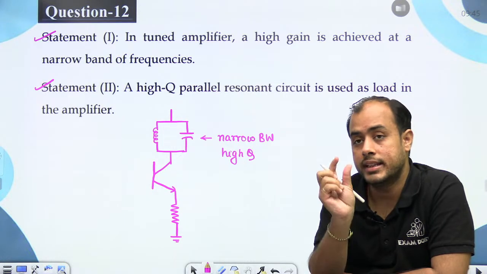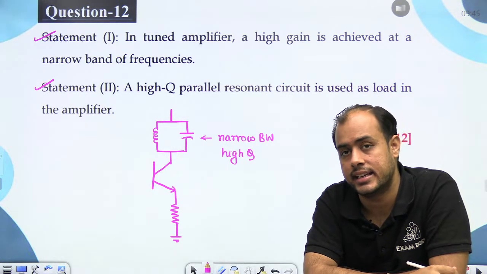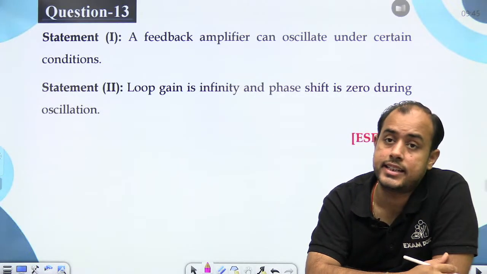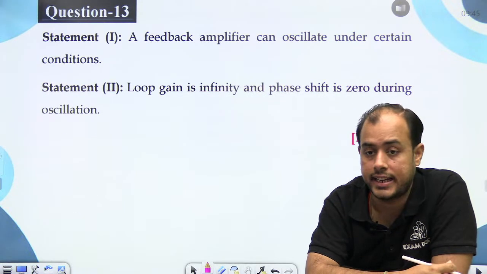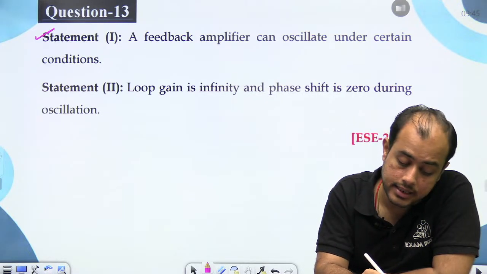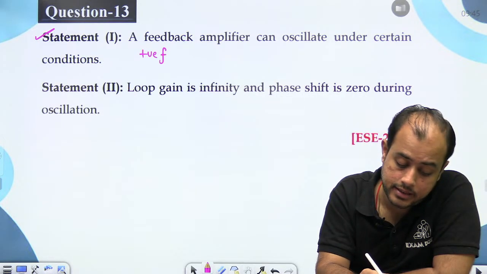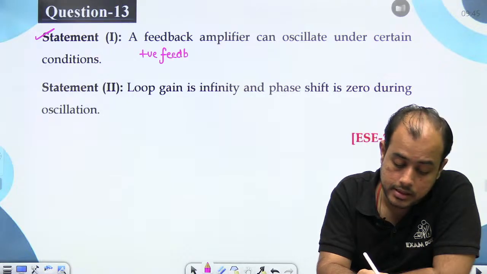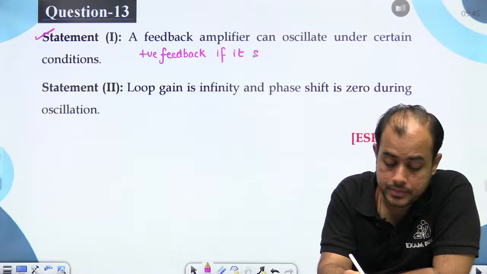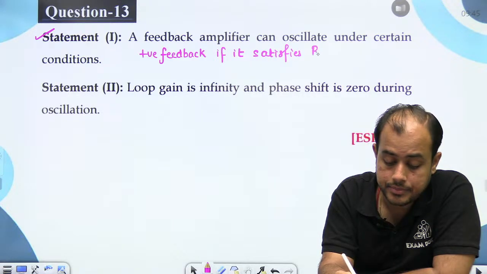ठीक है? So in that range, the gain is high. ESE 2012, a feedback oscillator amplifier can oscillate under positive feedback if it satisfies Barkhausen criteria.